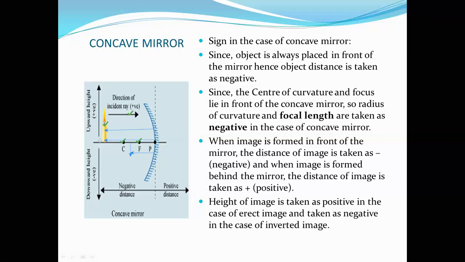Height of the object upward towards the principal axis is taken as positive. And the height of the image below the principal axis is taken as negative. So these are the sign conventions. So in concave mirror, all are negative.